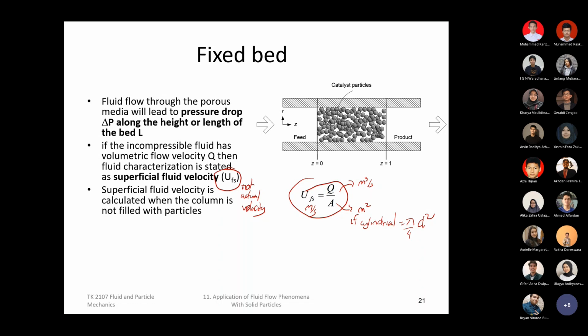It's more important to calculate as a function of superficial velocity. What is superficial velocity? Again, superficial fluid velocity is calculated when the column is not filled by particles. So completely voided, epsilon equal to 1.